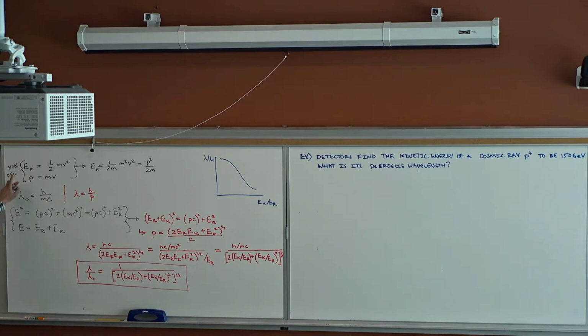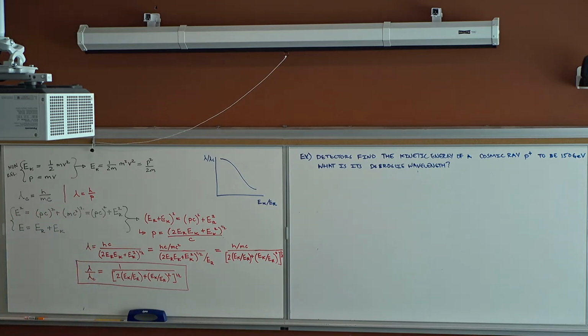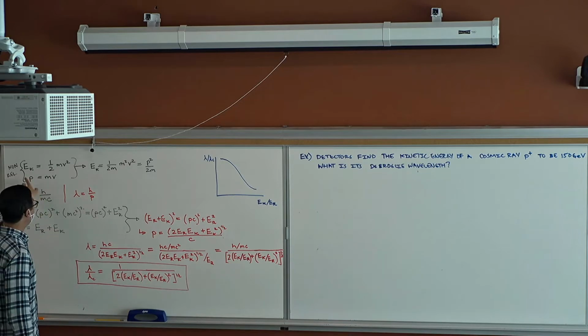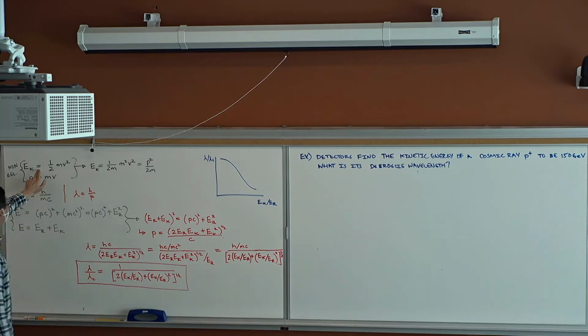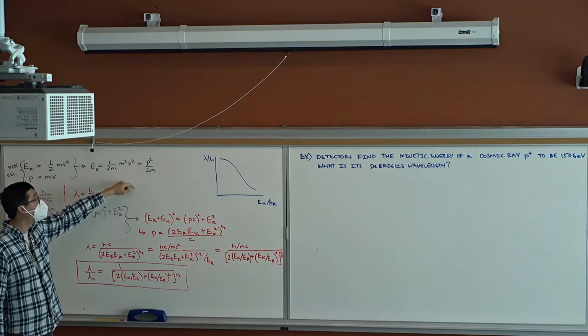I'm going to start with reminding us that, at least as far as the non-relativistic cases go, the kinetic energy goes as half mv squared, and the magnitude of momentum goes as m times v. I can take this kinetic energy equation, half mv squared, and multiply top and bottom by m, and it becomes 1 over 2m times m squared v squared.